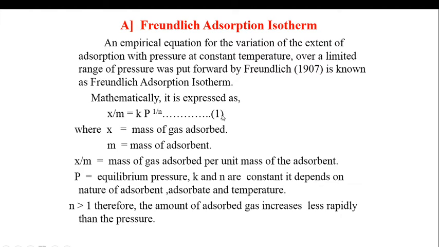This is equation number 1, where x is the mass of gas adsorbed, m is the mass of adsorbent, x/m is the mass of gas adsorbed per unit mass of the adsorbent, P is the equilibrium pressure, and k and n are empirical constants. They depend on the nature of the adsorbent, the adsorbate and temperature.